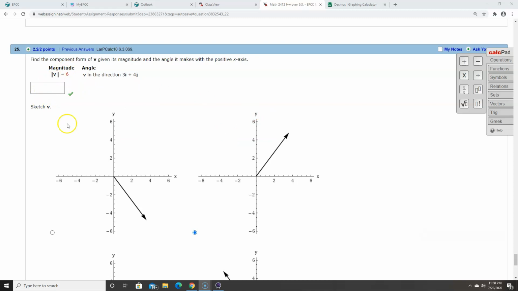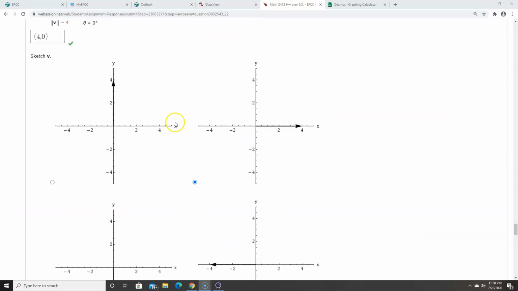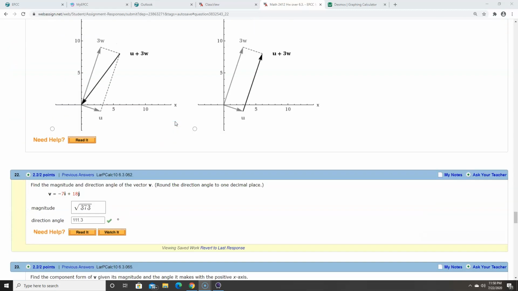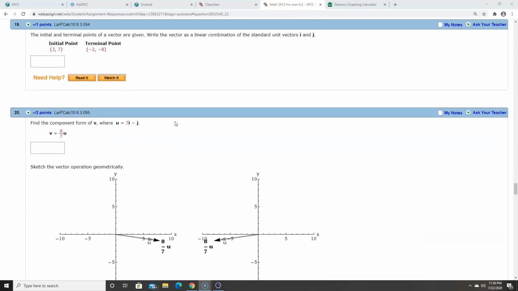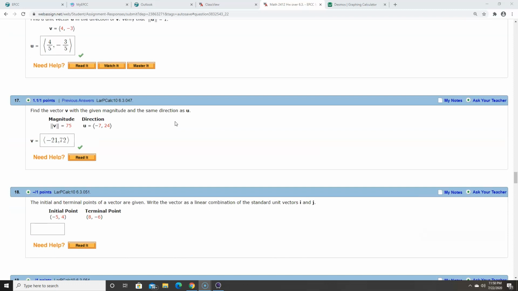And so to do this, I'm going to let you guys finish that one. It's very much like this number 17 we did together. They gave us the direction vector -7, 24.